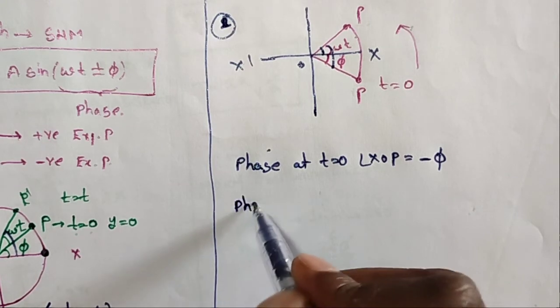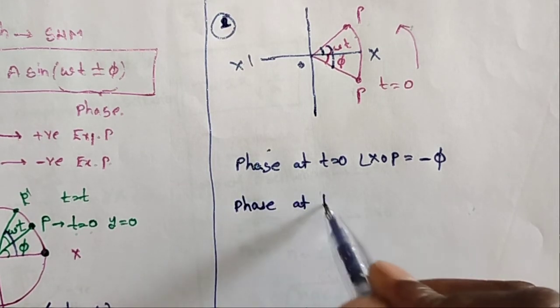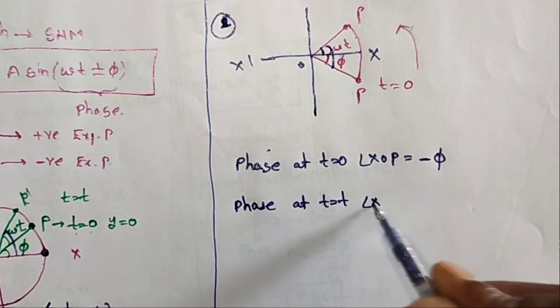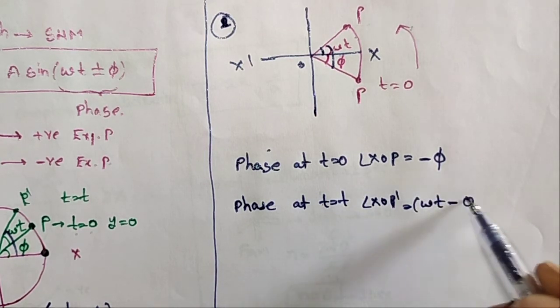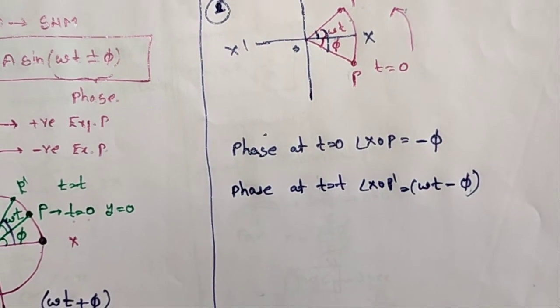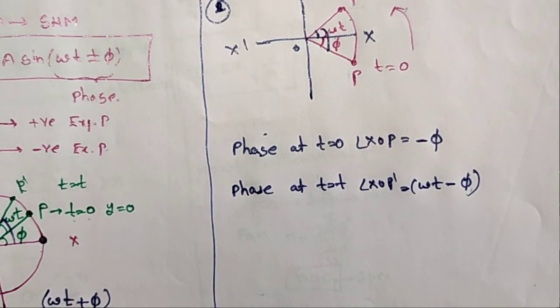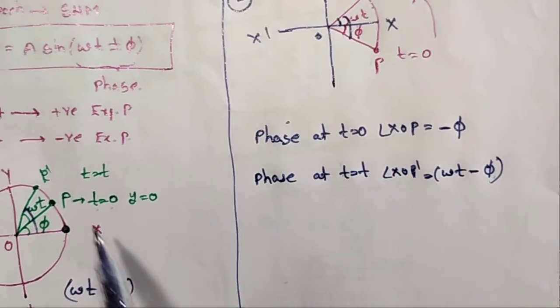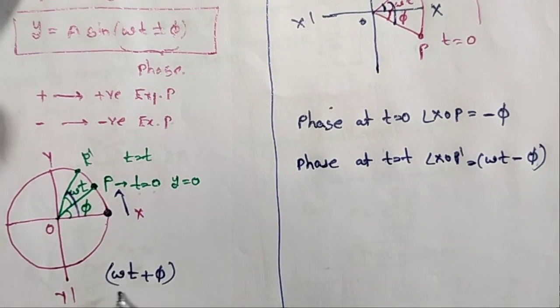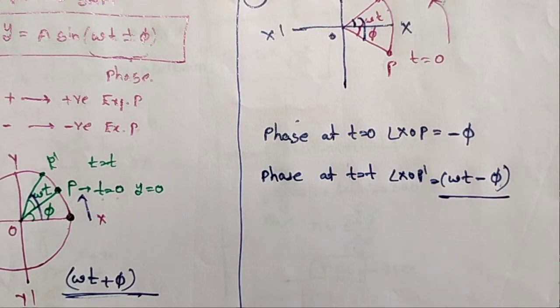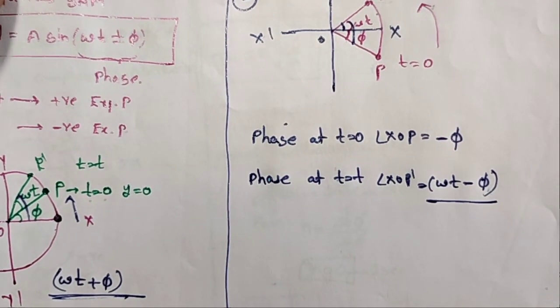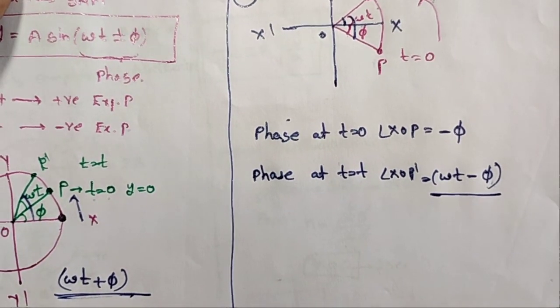Here phase at t is equal to t second, angle XOP dash is omega t minus phi. Therefore, if the particle is moving toward the positive extreme position, it gives omega t plus phi. If it is moving toward the negative extreme position, it is omega t minus phi. This is called phase.